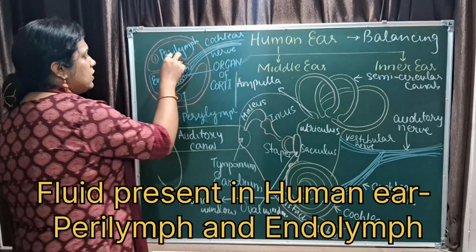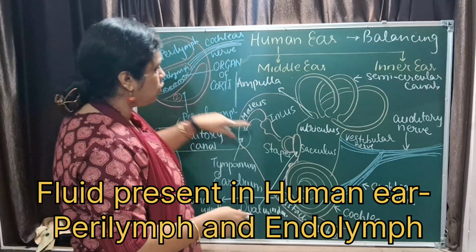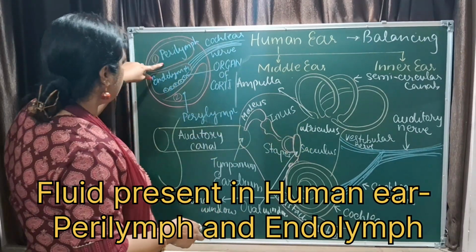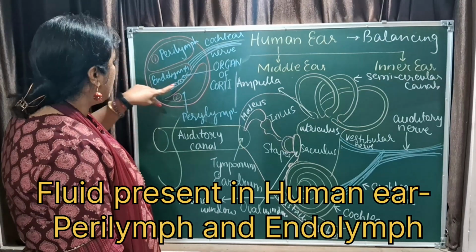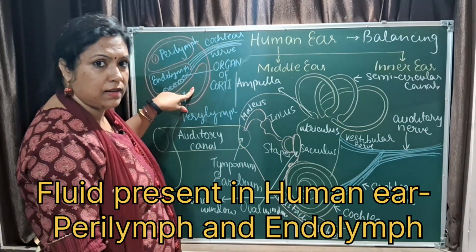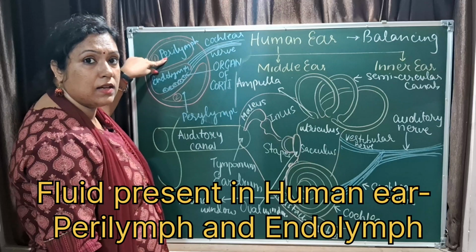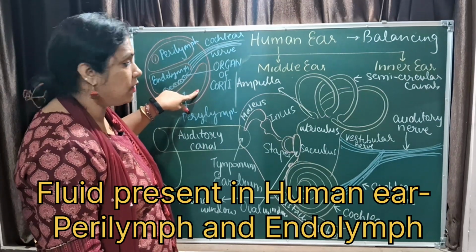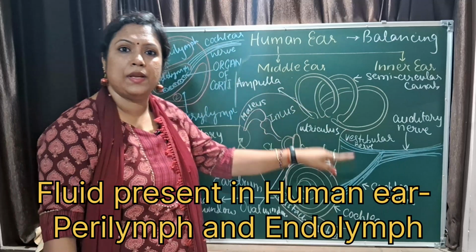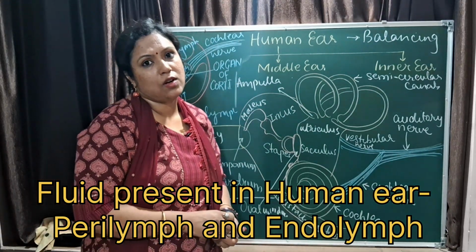If you have to name these tubes, this one is closer to the vestibule. So it is the vestibular canal, median canal, and this one is the tympanic canal. Again, it is the vestibular canal, median canal, and the tympanic canal. So with this, we are completed with the sense organ chapter.